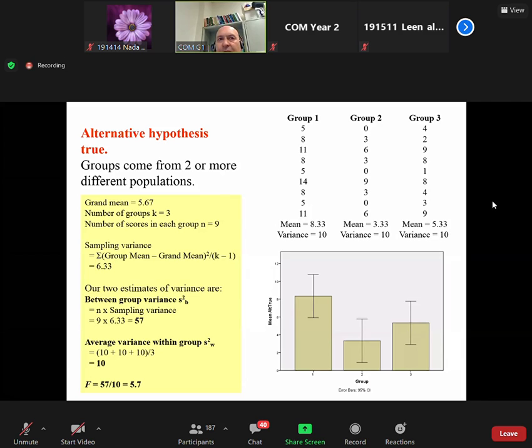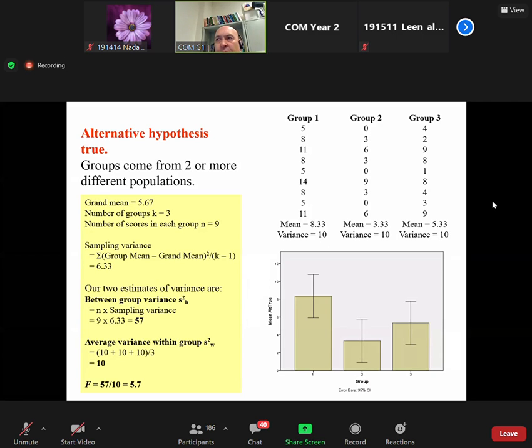So it could mean that two of the groups are the same compared with a third group, or it could be all three groups are quite different from each other. Okay, so when we're doing an analysis of variance, we're looking at two or more treatments differing. You've got at least one that is different from another. So it's at least two groups that differ from each other. That's what's meant by a treatment effect, if you like.